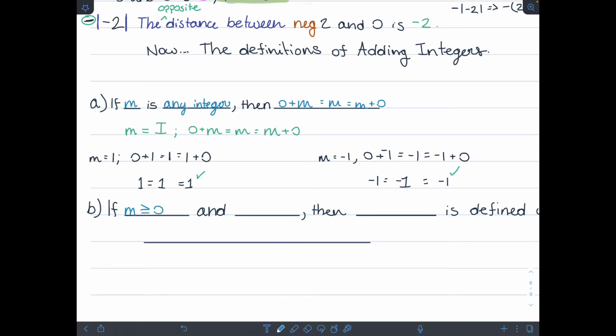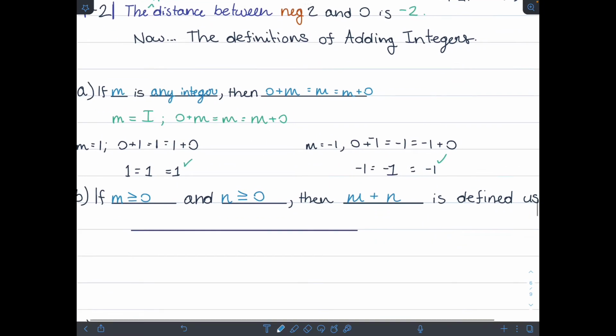If m is greater than or equal to 0, and n, a new variable, is greater than or equal to 0 as well, then m plus n is defined using the addition of whole numbers.